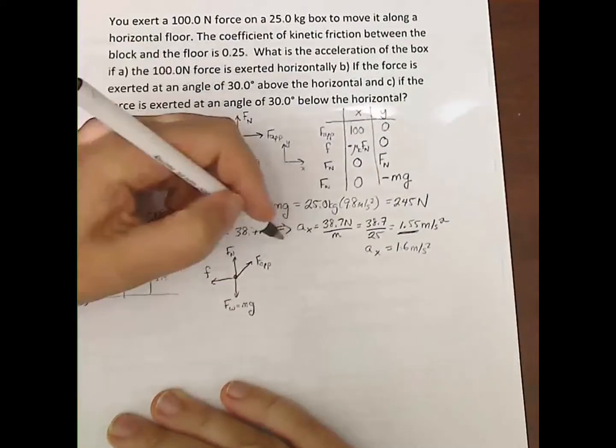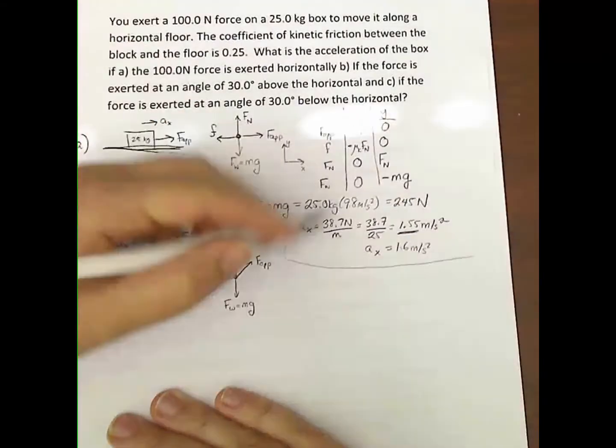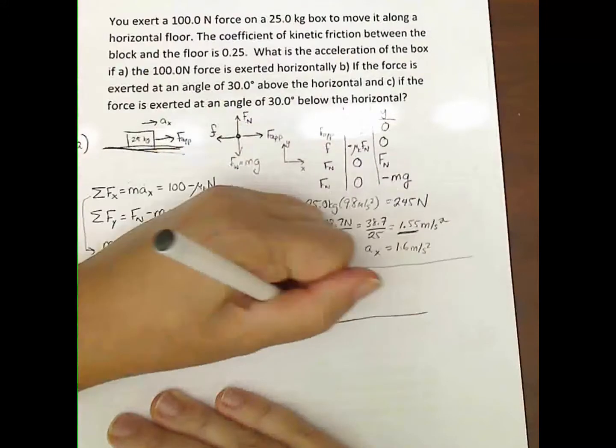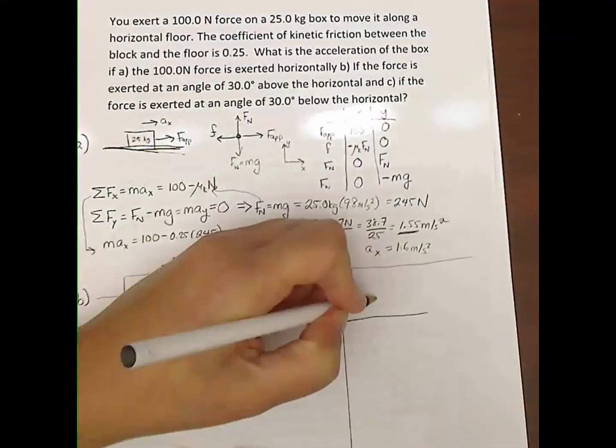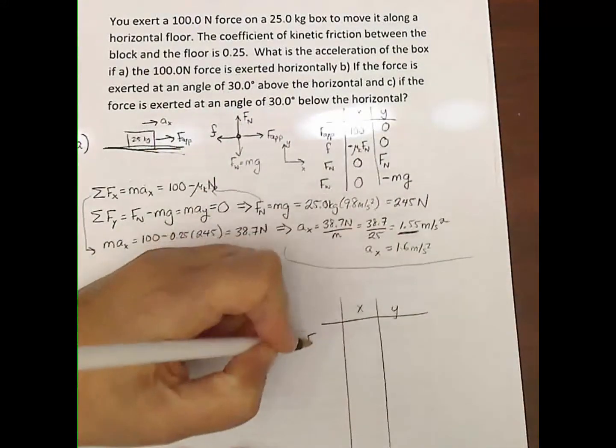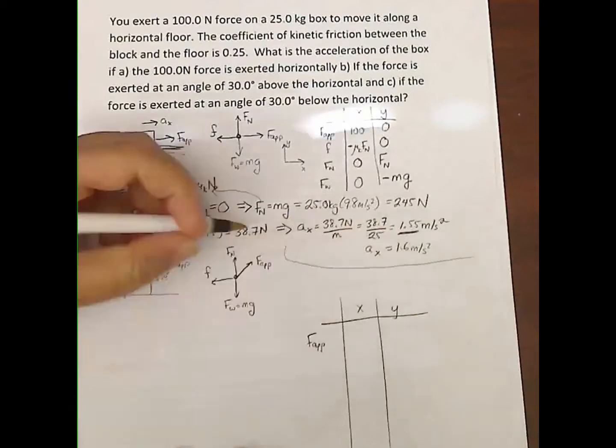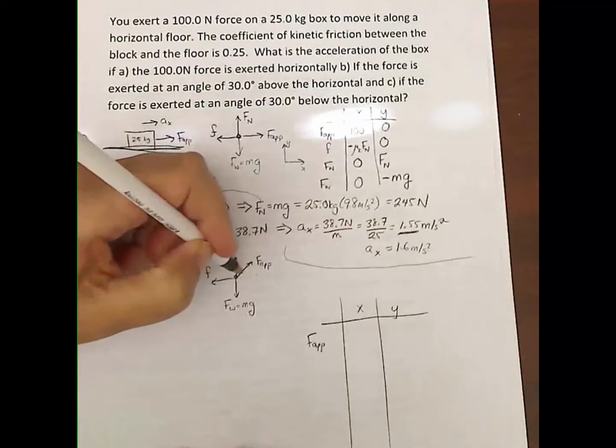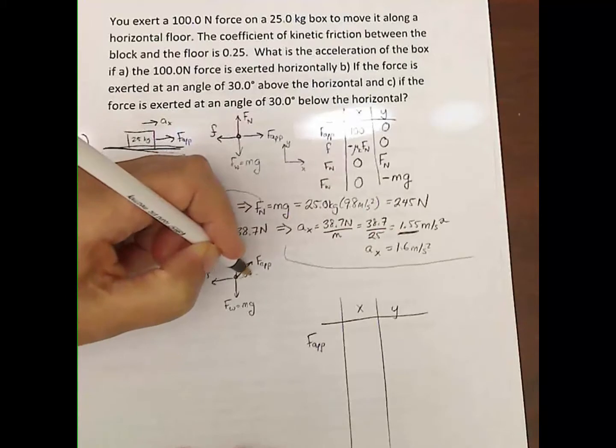So what changes in my table? Well, the only thing that changes in my table is that my applied force, now in addition to the x component, is going to have a y component. So I've got the force is at 30 degrees.